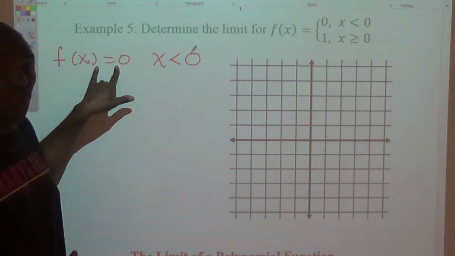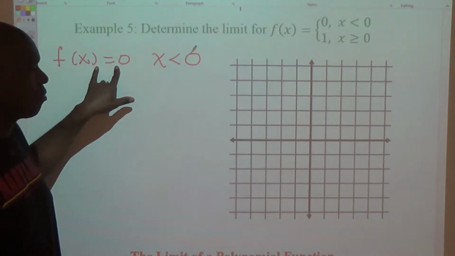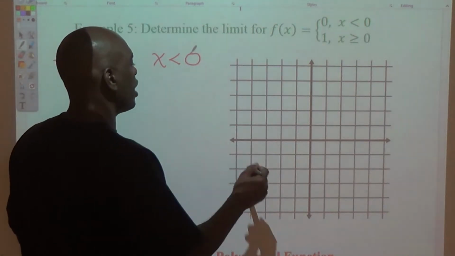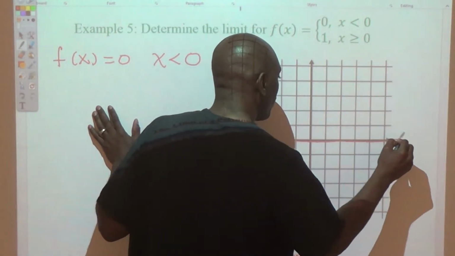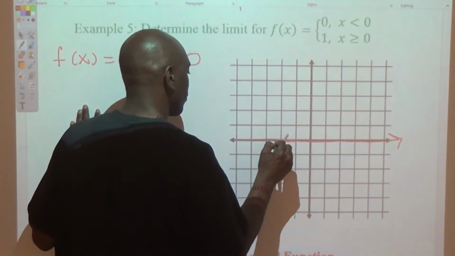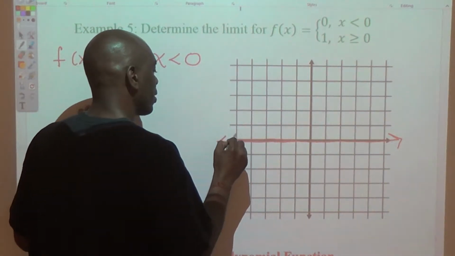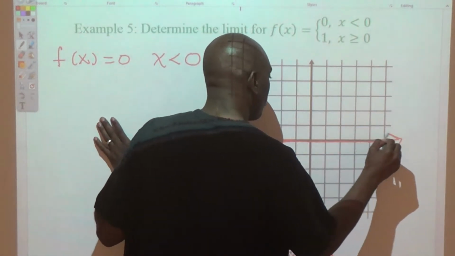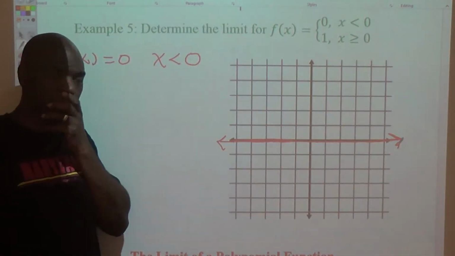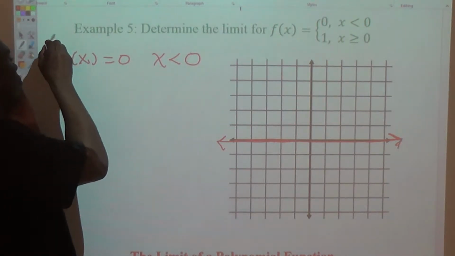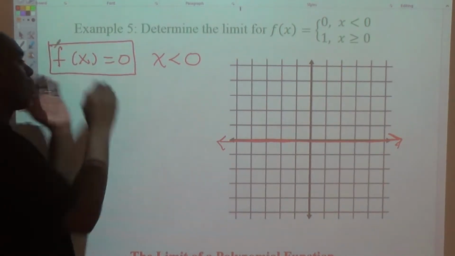Let's graph y equals 0. y equals 0 is the x-axis. Here you go, there it is. This is the graph of y equals 0. So this part is done.